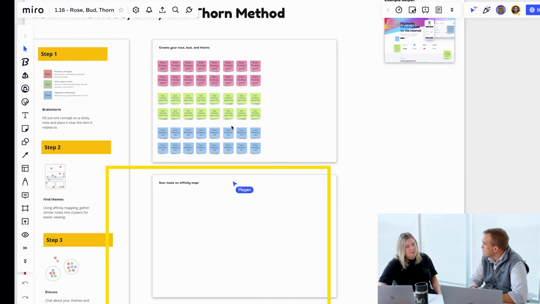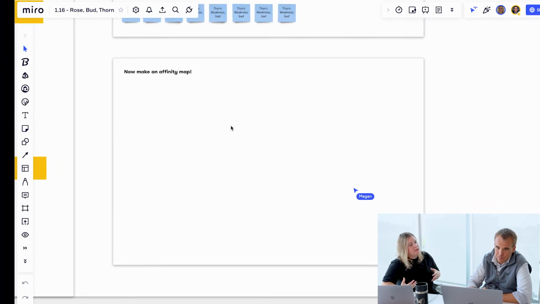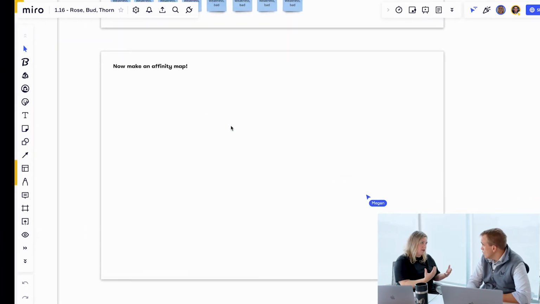Right. Once we come down here and create our affinity map, just like with any affinity map, there are going to be lots of different lenses through which we can look at it. So we're going to map based on what we need that map to do for our designs, or whatever stage we're at in the design process.